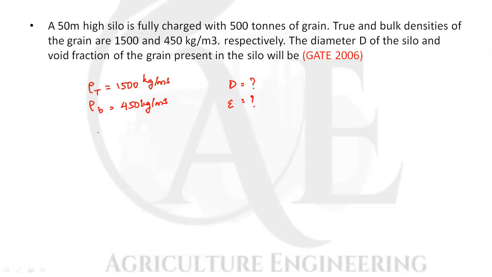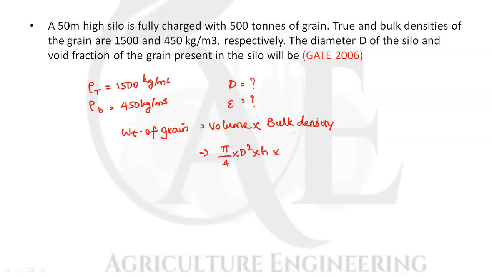So what are they given? Weight of the grain is equal to volume into bulk density. So that only we can find out the weight of the grain. Here pi by 4 d square h is the volume.